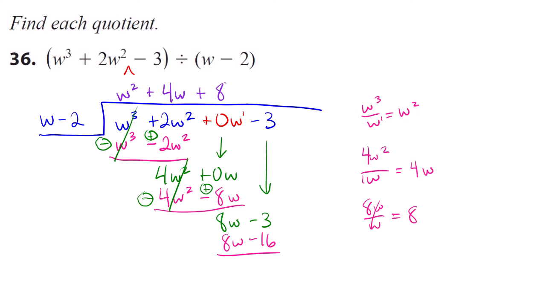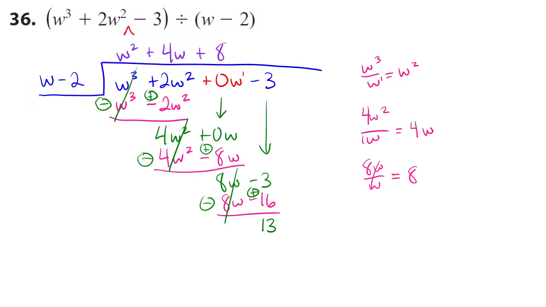Change the signs, so this becomes negative, this becomes positive. The 8w's cancel out. Negative 3 plus 16 is positive 13. That's our remainder because it's a constant. That's as far as we can go. So we end up with w squared plus 4w plus 8 as our quotient, and our remainder is 13.